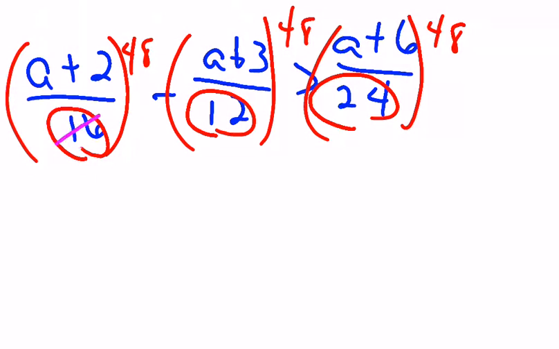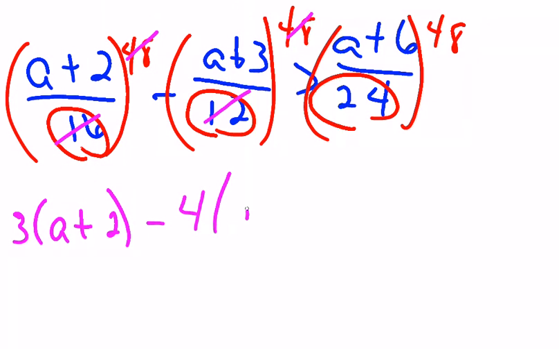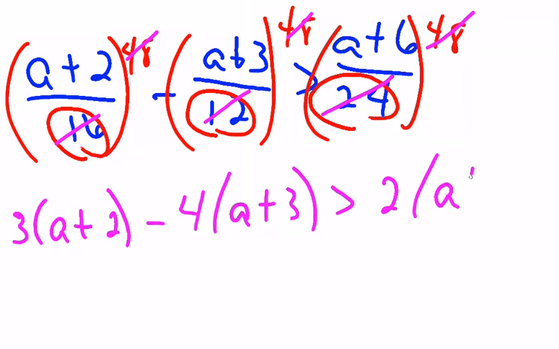So 16 goes into 48 3 times. So we have 3 times (a + 2). 12 goes into 48 4 times. So we have 4 times (a + 3), greater than, and then 24 goes into 48 twice. So we have 2 times (a + 6).